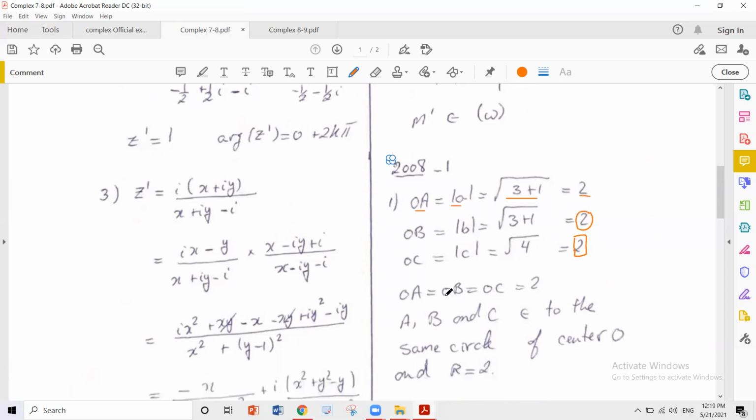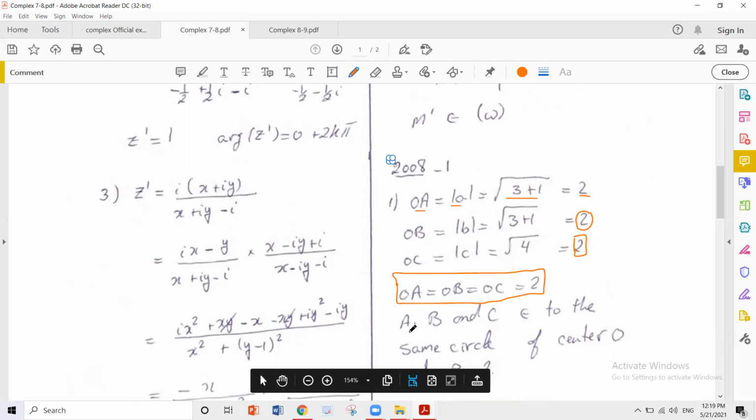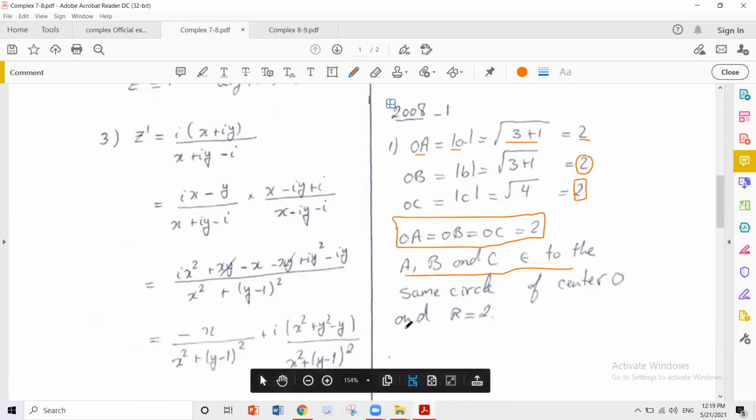It means that OA equal OB equal OC equal 2, which means that A, B, and C belong to the same circle of center O and radius 2.